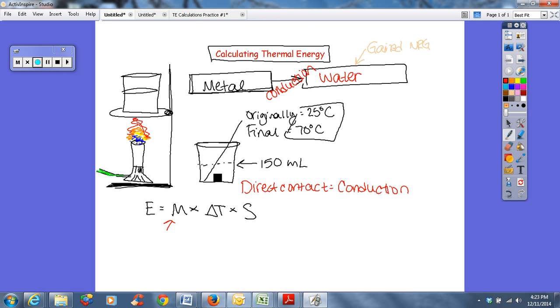So mass, change in temperature, that's the absolute value, so it's going to be a positive number, final minus original temperature, times the specific heat of the material.